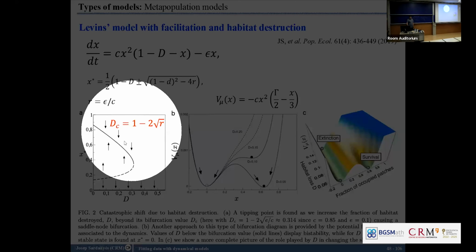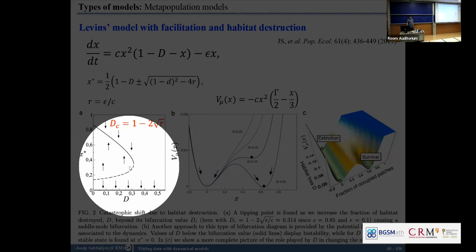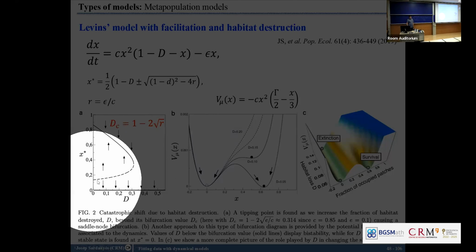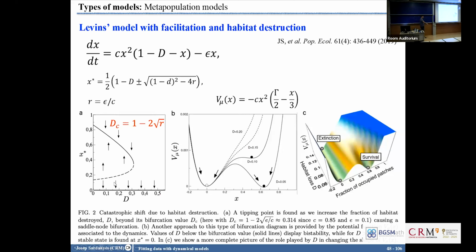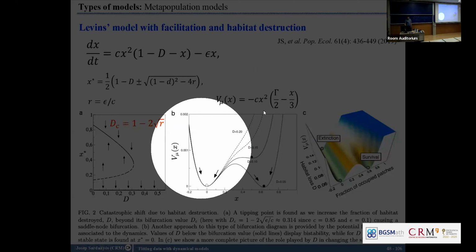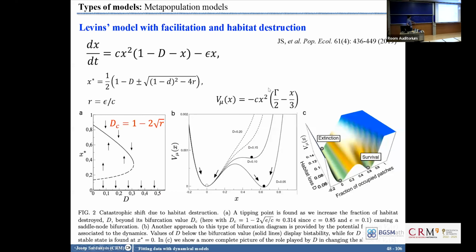Okay, and this means that when we are below the critical D, if the population is not large enough, the system will continue going to extinction. And this is very important for ecological systems. This is the potential, also computed with this formula here.